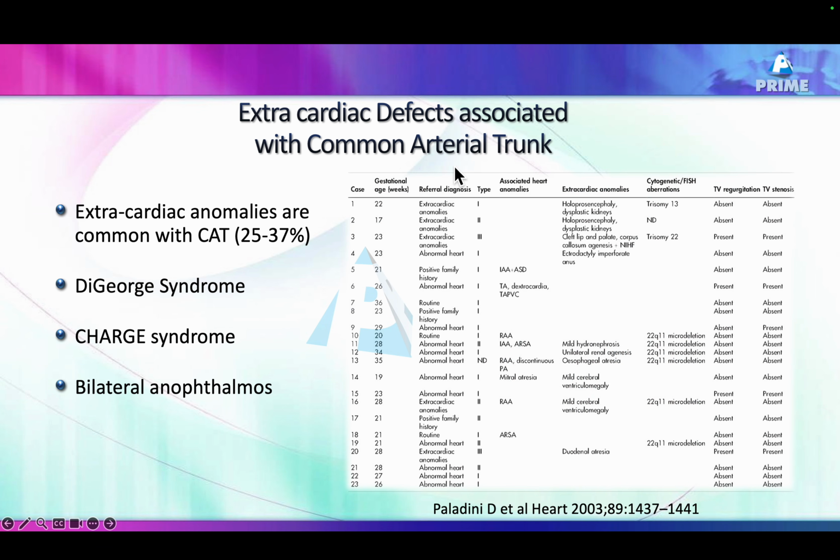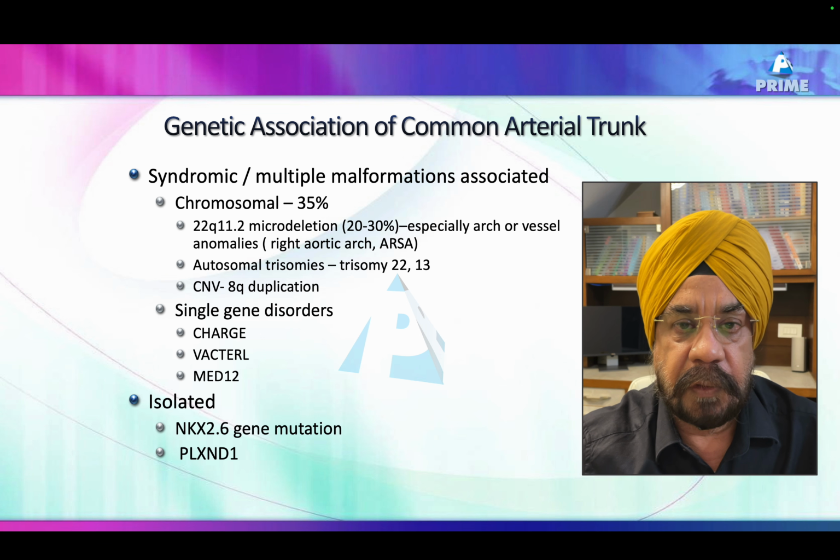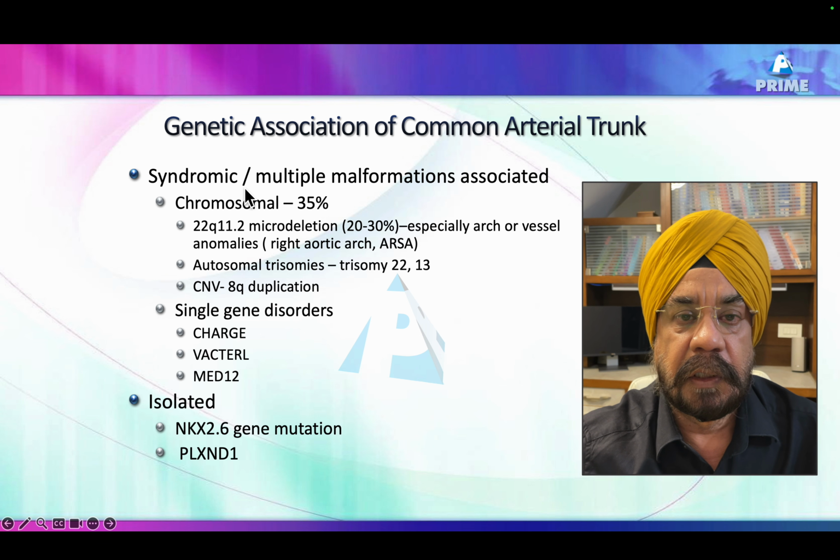The extracardiac abnormalities are very important to look for because they have an important bearing on the outcome in the patient with common arterial trunk. As with other conotruncal abnormalities, extracardiac abnormalities are present in about 30% of the patients. Now there are genetic associations with this disorder.